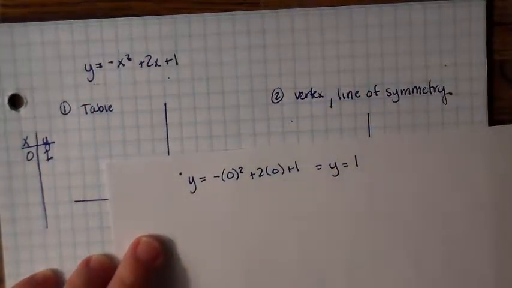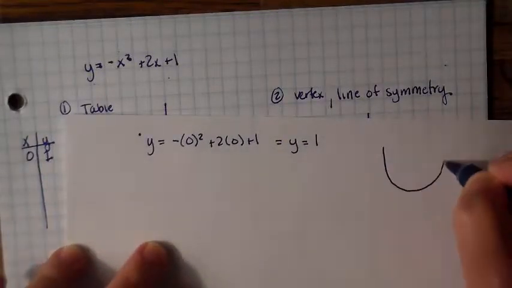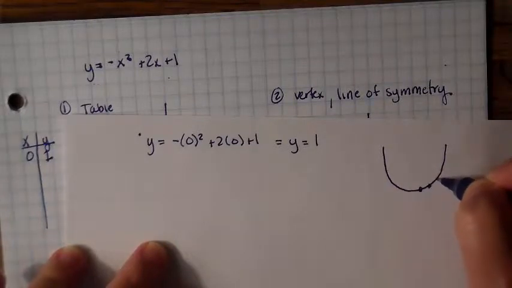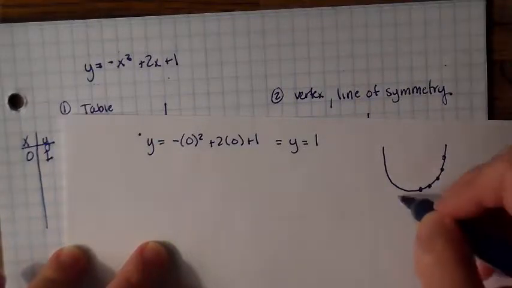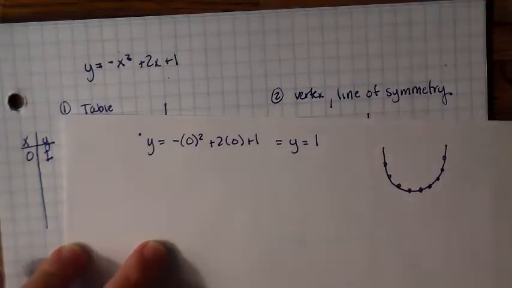And then I move in the positive direction until I find the shape. If I'm finding points that keep going in one direction, I need to go in the opposite direction to find the curve.